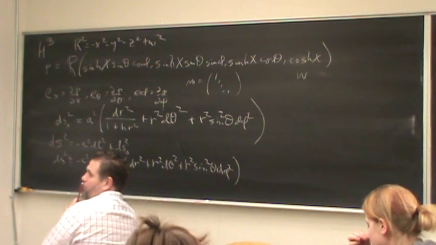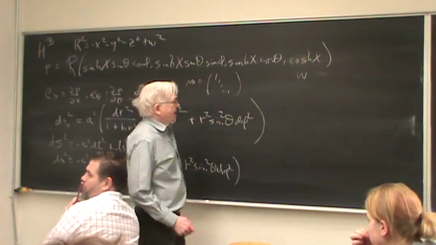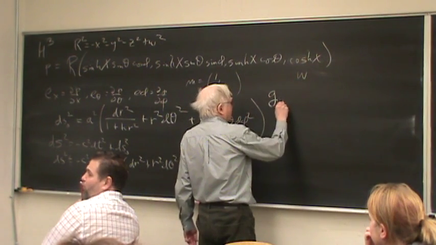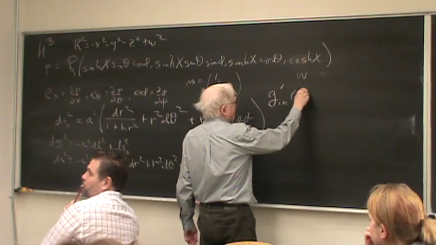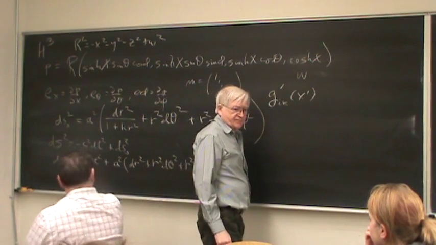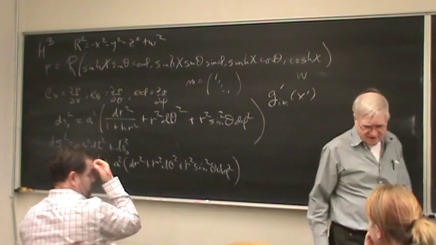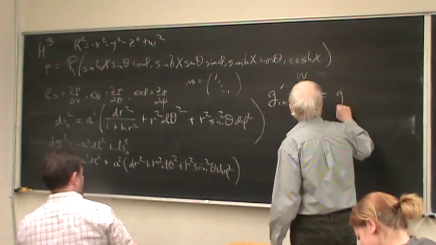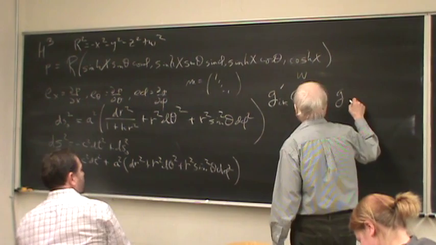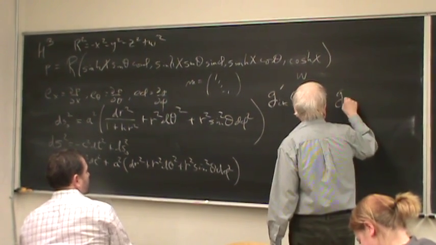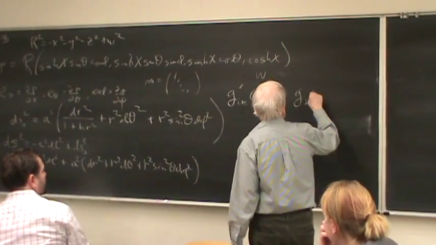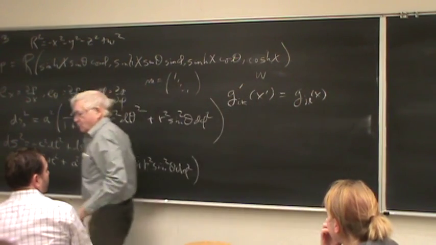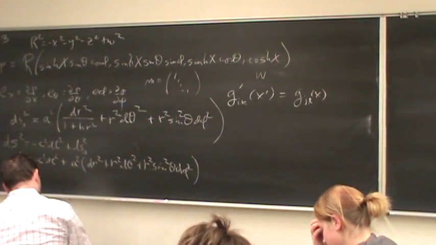So let me say a little bit about maximally symmetric spaces. It has to do with the metric. So we know that g prime of x prime is g of x, and now I forget which way this goes, because I got it wrong the other time.